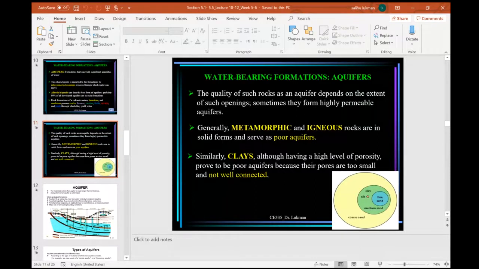So you have fine sand, you have clay or silt, medium, and you have coarse sand. That's why you have this figure. Fine sand is one whose size is very small, such as clay material, and then you have silt. The size of silt is slightly larger than that of clay, and you have medium sand, and then coarse sand, which are the bigger ones.